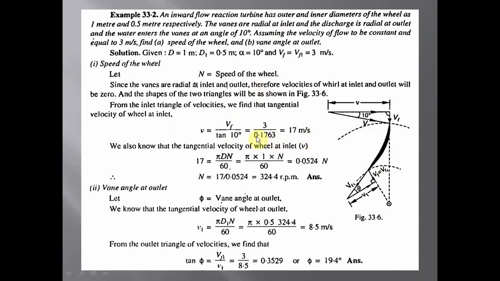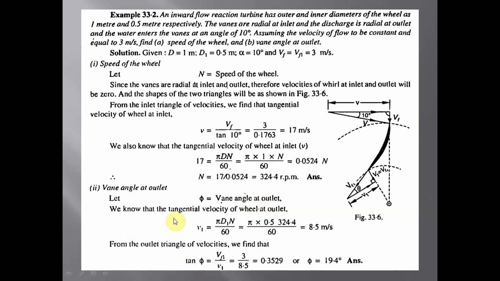We also know that the tangential velocity of the wheel at inlet u is equal to pi D N divided by 60, that is pi into 1 into N divided by 60, that is 0.0524 N. Therefore N is equal to 17 divided by this answer, that is equal to 324.4 rotations per minute.